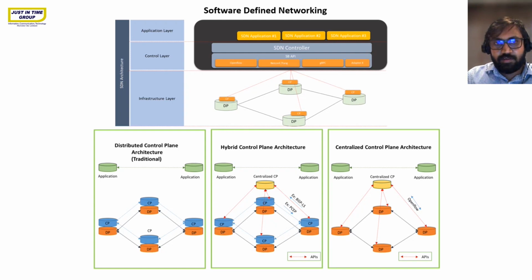So southbound API efficiency will matter in that kind of scenario, because if there's a node failure or a link failure, then you will have to update the network state, because network state is at the center, at the SDN controller. So populating different TCAM tables, or tables that you have on each and every device, would be a cumbersome task, and the efficiency will not be there to cater to those requirements.